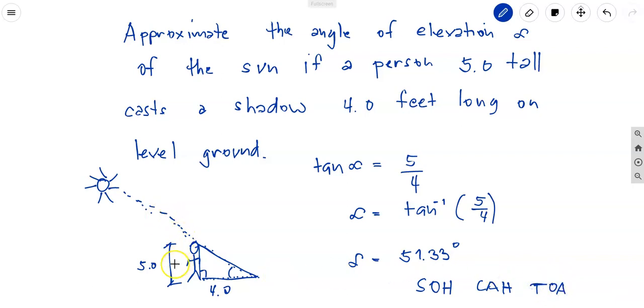Given the opposite over the adjacent, we will use this one, TOA. So sine, cosine, and tangent. Always remember, in mathematics, you need to practice more, so that you can remember all the things that you have studied.